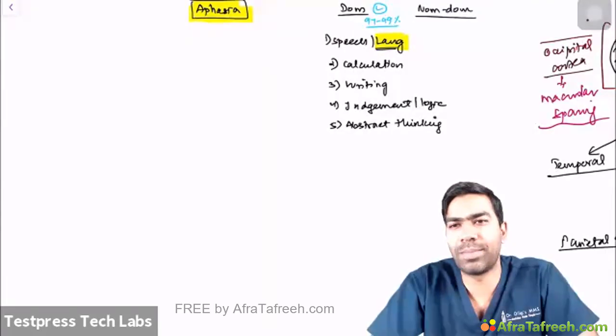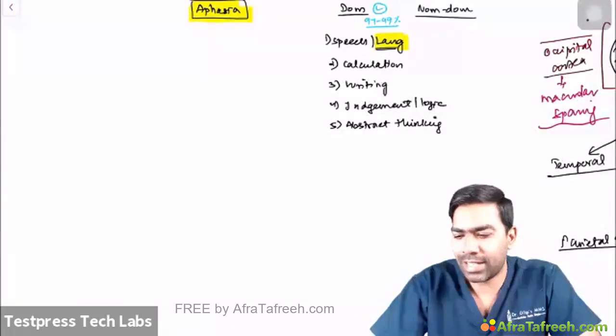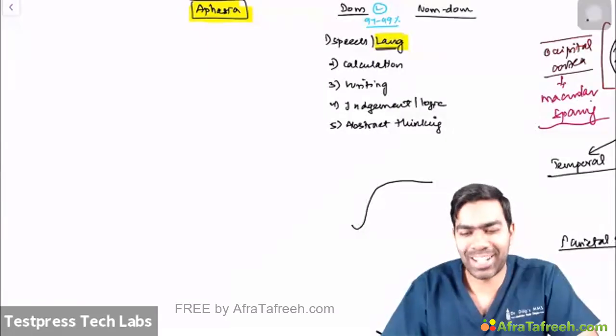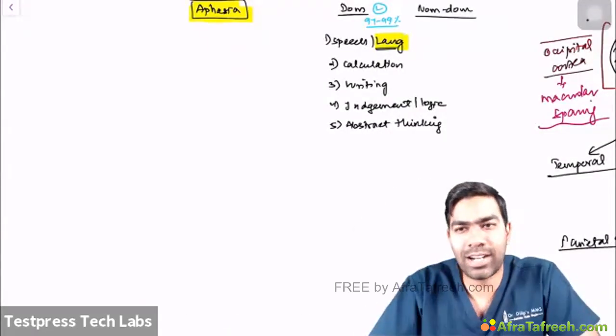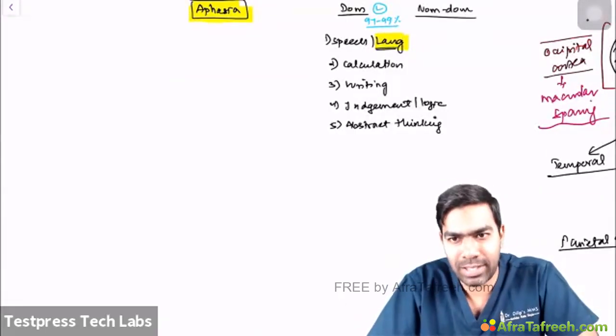So what does it mean? A person who has lost his abstract thinking capability will be thinking of literal curves. But what curves we are talking about, everyone knows here. So this is abstract thinking. That's all.